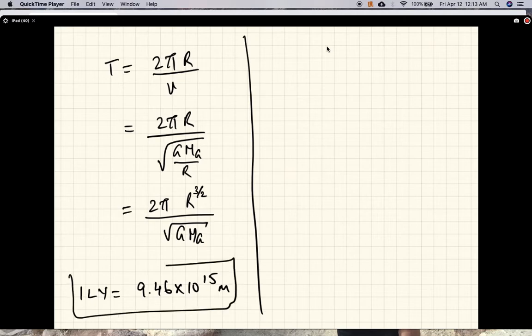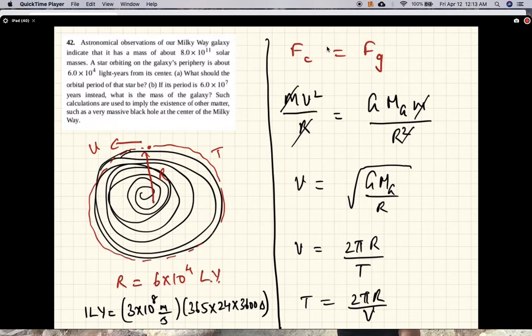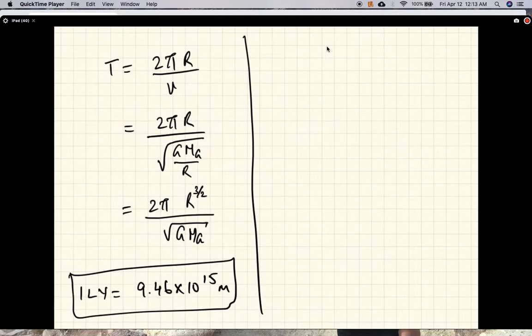That's what that works out to. So that's R.